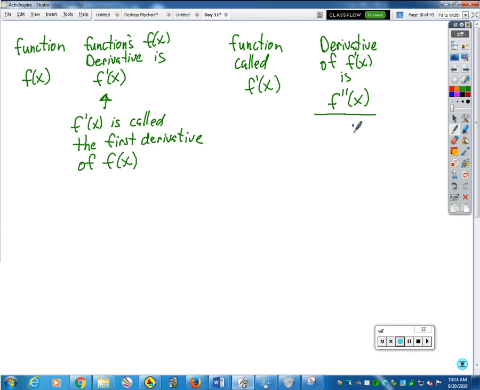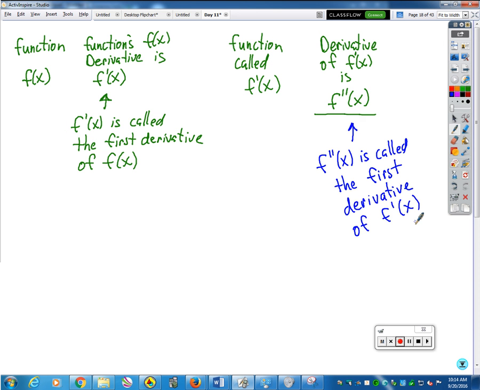By the same logic, f double prime of x is called the first derivative of f prime of x. It's all relative. Question. Is that written down?